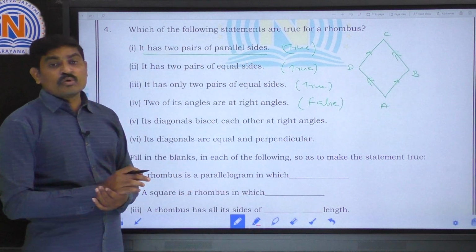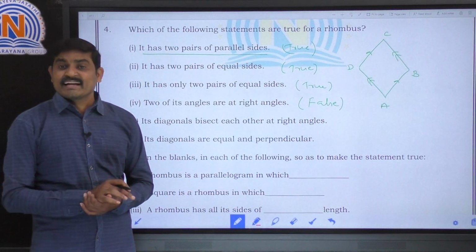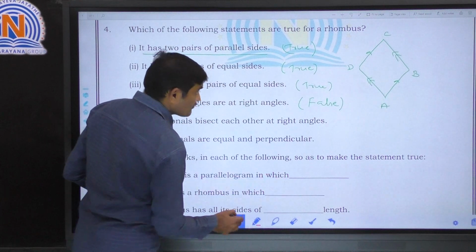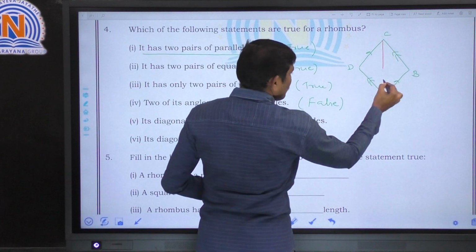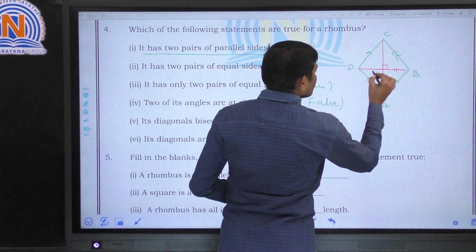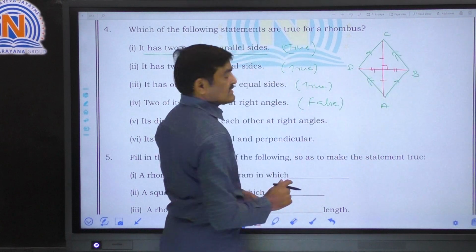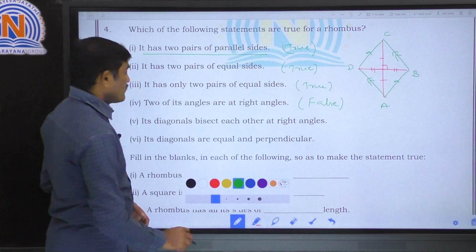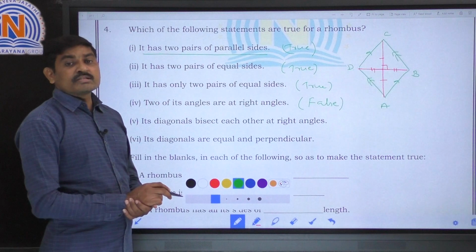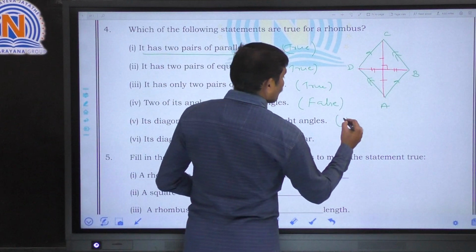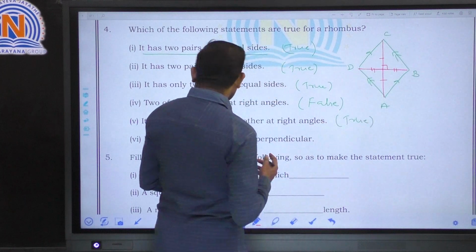Now, two diagonals bisect each other at right angles. Yes, in a rhombus, this is one diagonal and this is another diagonal, and they bisect each other at right angles. So this statement is true.